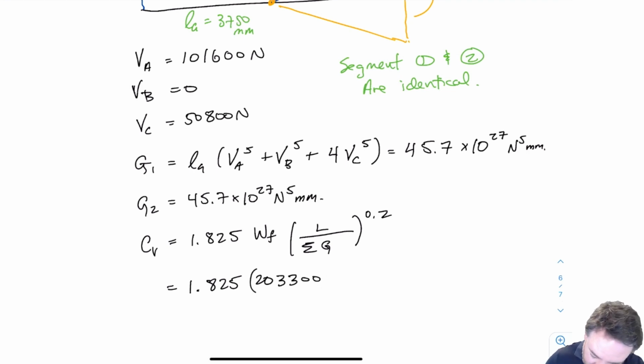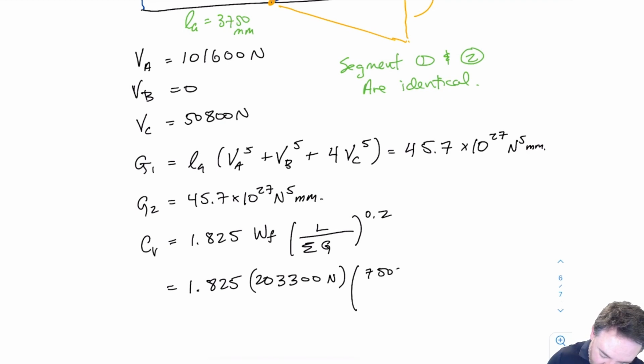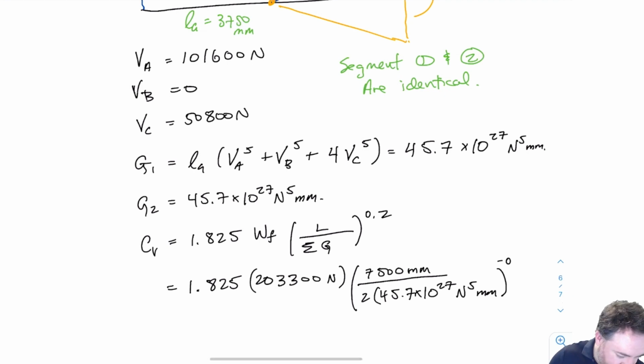Let's keep track of our units here. Then the total length is 7,500 millimeters. And down here, I'm going to have basically 2 times 45.7 times 10 to the 27 newtons to the 5th millimeters. And this is all going to be to the 0.2.